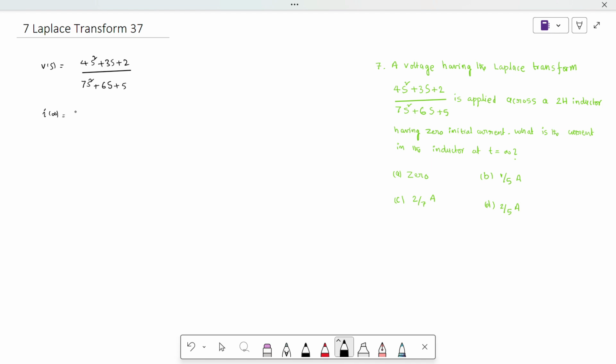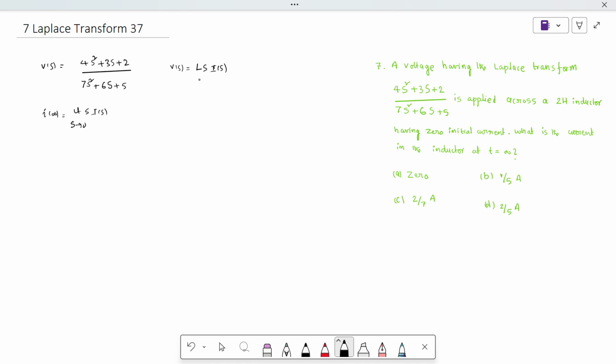For that we use the final value theorem. It says limit s tends to 0 of s into I of s. The relation for the inductor is V of s equals Ls into I of s, where Ls is the inductor impedance.